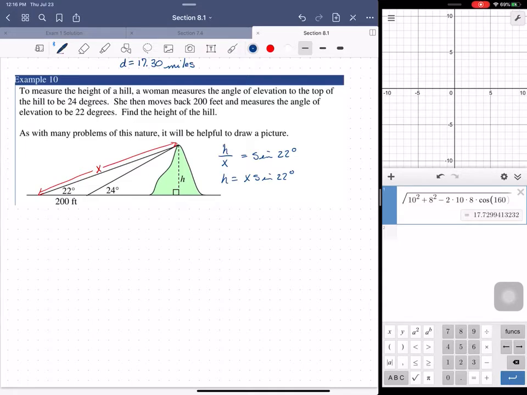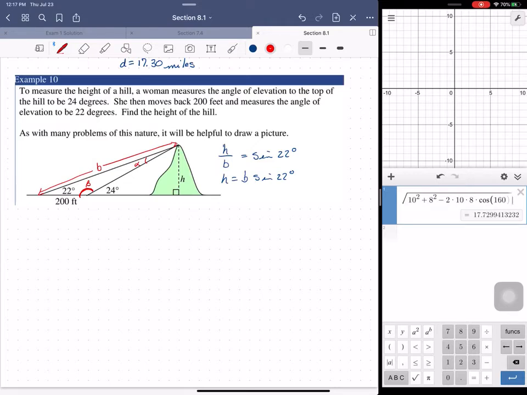But if I could get this angle right here, let's call this beta, and let's relabel my x to be b, to be consistent with my labeling practices, because I'm going to label this one up here alpha.